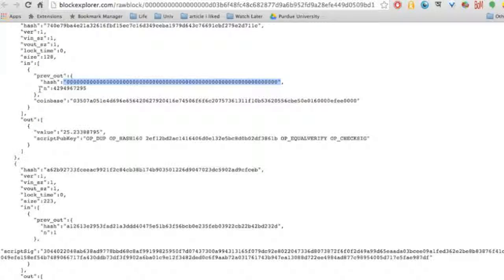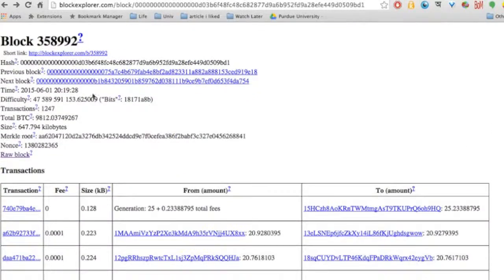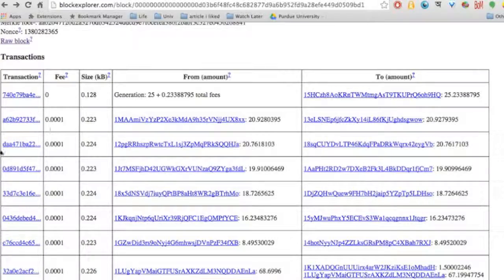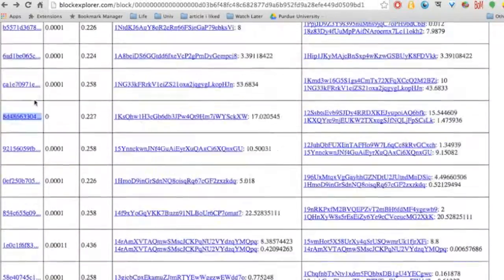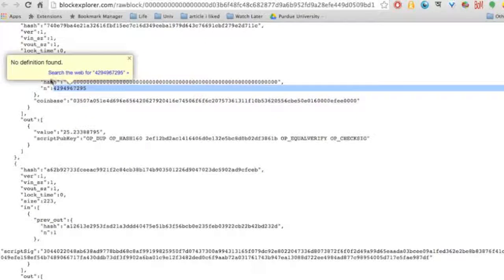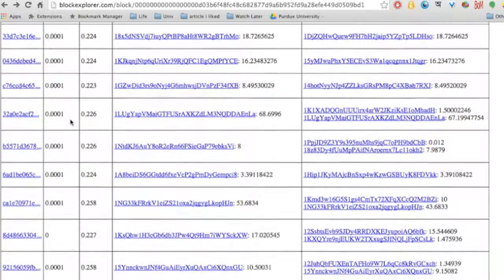And what this n means is the nth transaction. So this is the Bitcoin block. This is the first transaction, this is the second transaction, this is the third transaction. In total this has 1247 transactions. So this n refers to the position of the transaction in the Bitcoin block.